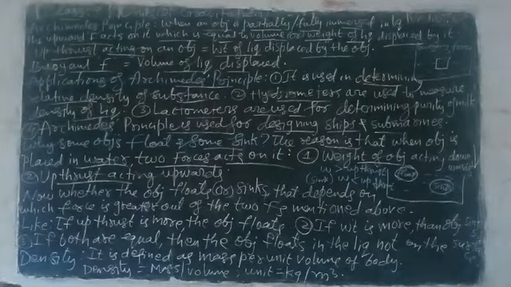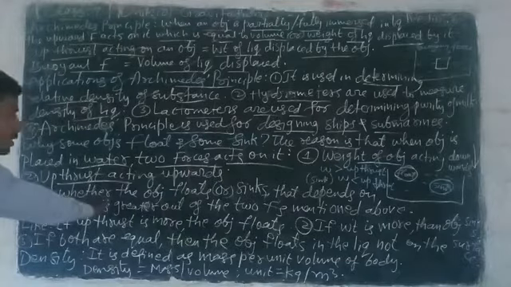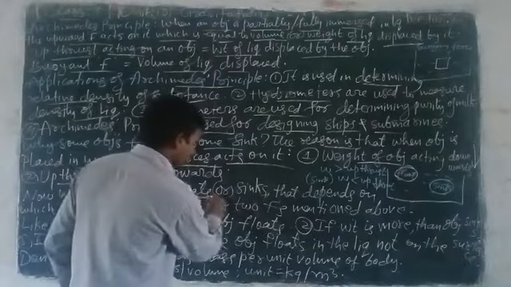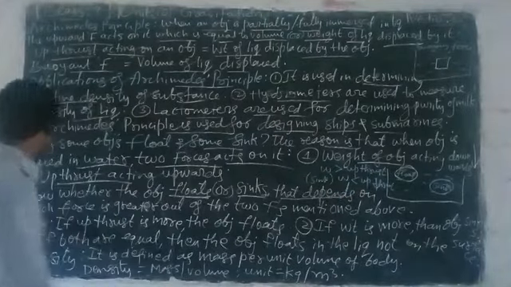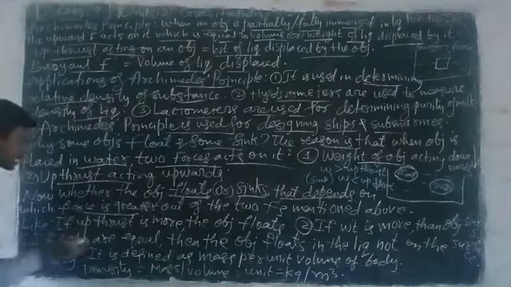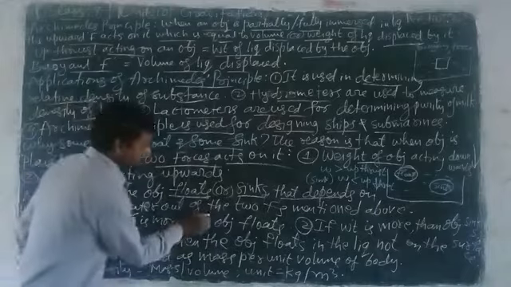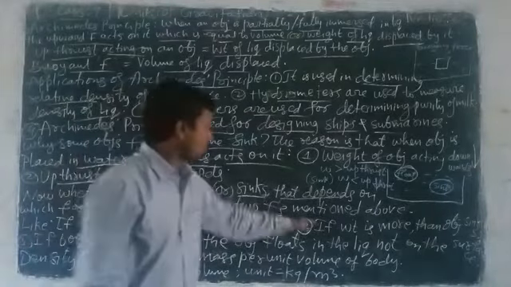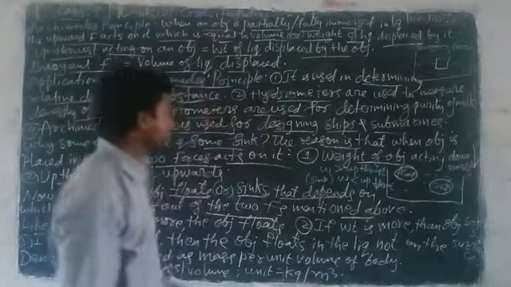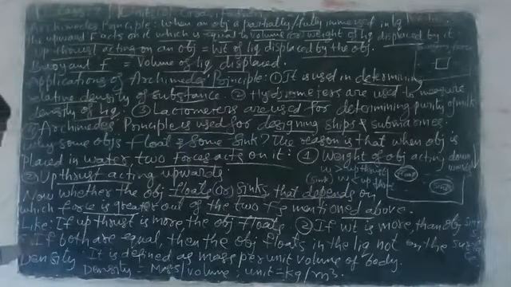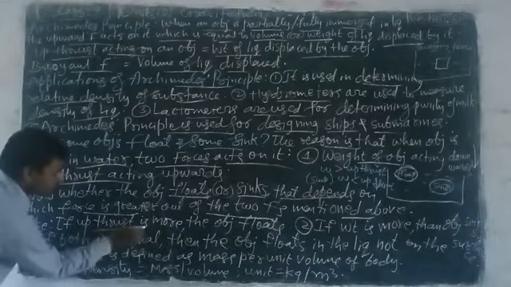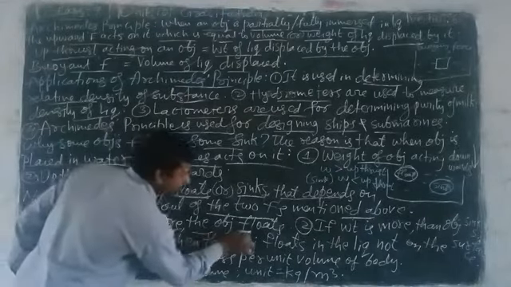So look here, my dear students. Whether the object floats or sinks depends on which force is greater out of the two forces mentioned above: the weight of the object or the upthrust force of water. If the upthrust force is more, the object floats.